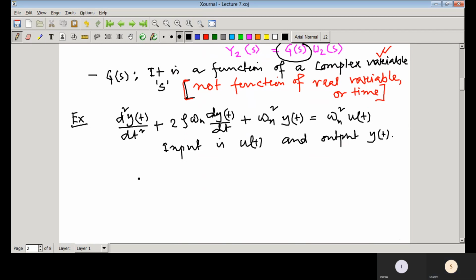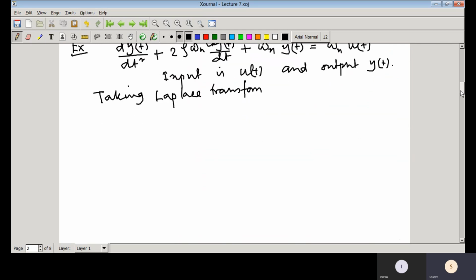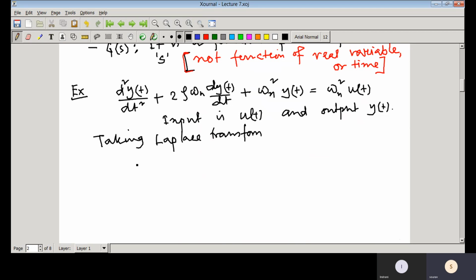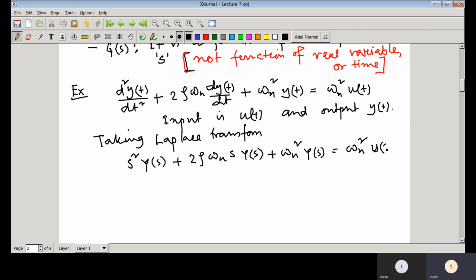Now if we take the Laplace transform, what do we get? Here we will get s squared Y(s), now twice zeta omega n s Y(s), then omega n squared Y(s), and here you get omega n squared U(s).